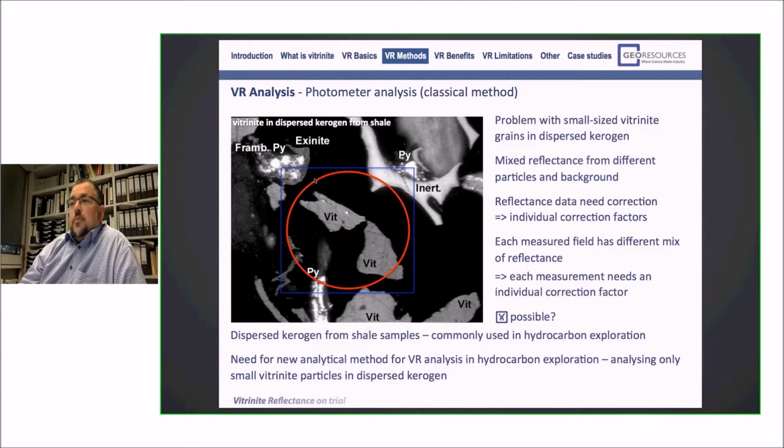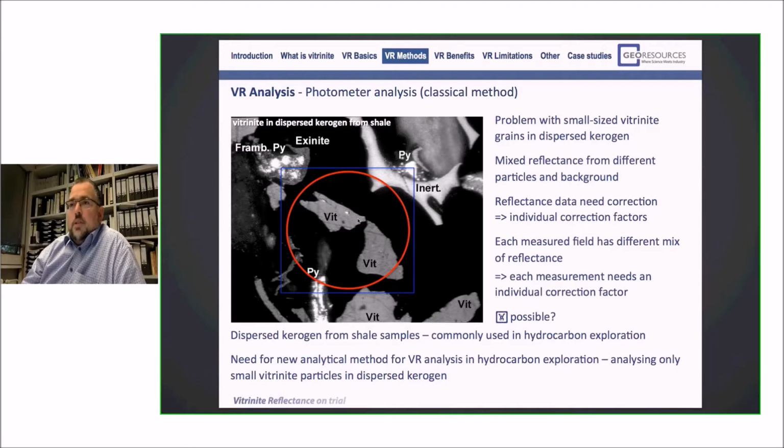So if we use this method in dispersed kerogen, we need a correction factor. And a lot of people develop their own individual correction factors. For me, the problem is that every measurement you do has a new mix. This sample here has exactly this mix. If you go to the next particles, you get a very different mix. Maybe more pyrite, maybe more inertinite, more light-colored stuff, maybe more dark background, but surely not the same mix as we see here in this measuring field.